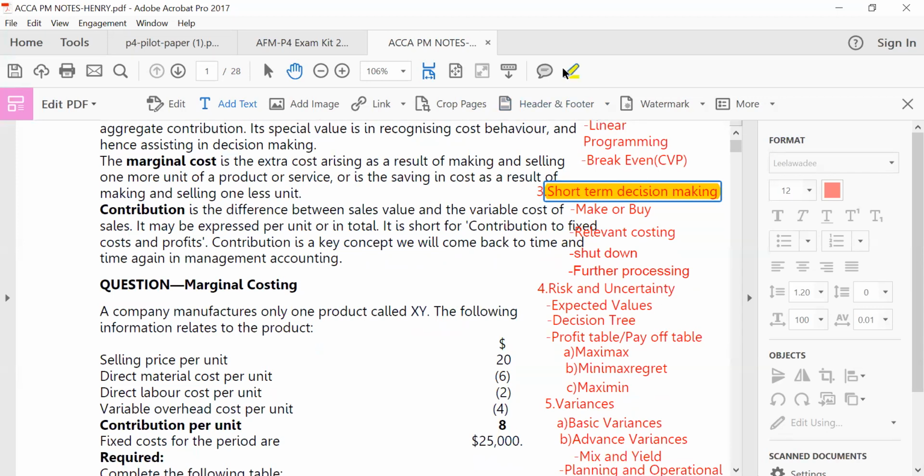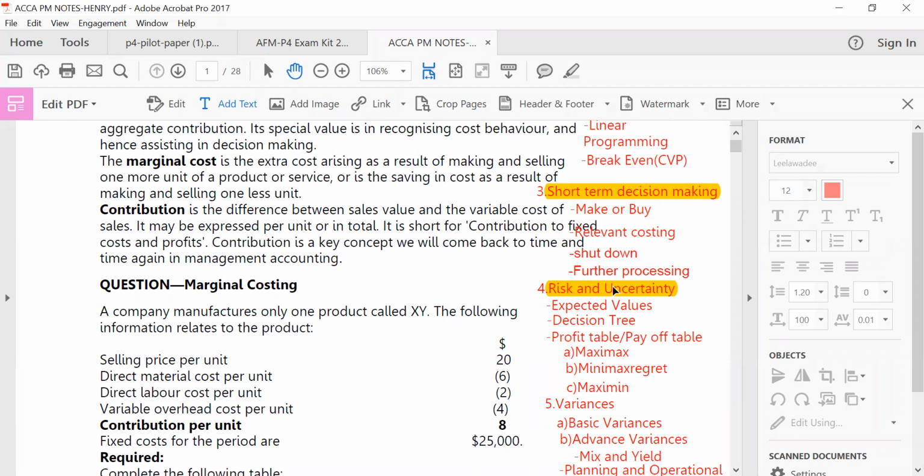So we have the next umbrella of topics, that is risk and uncertainty. You know, life is full of risks and uncertainty. When you talk about uncertainty, that means that we cannot quantify how uncertain we are.